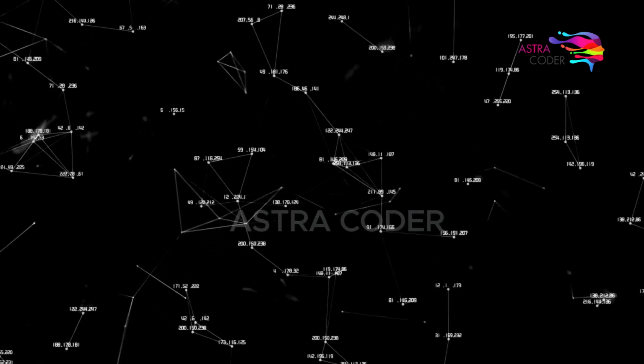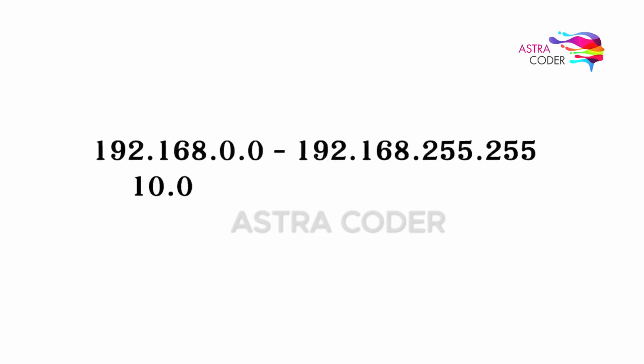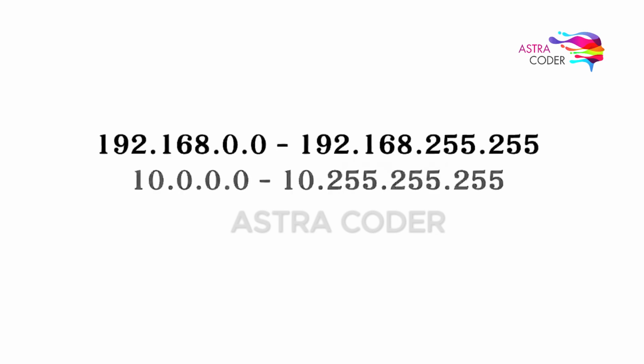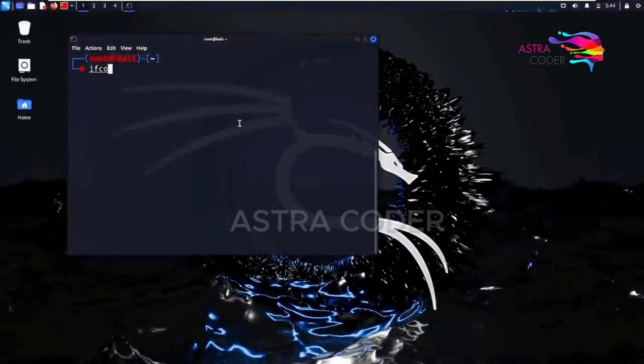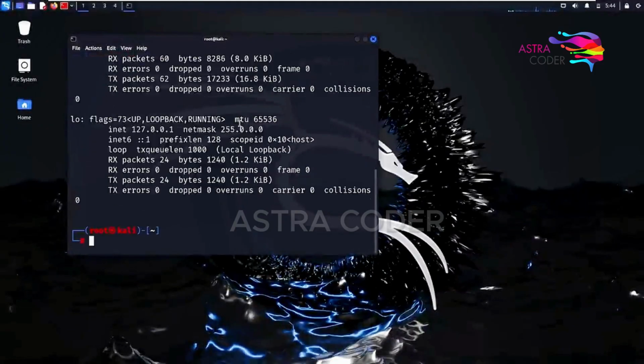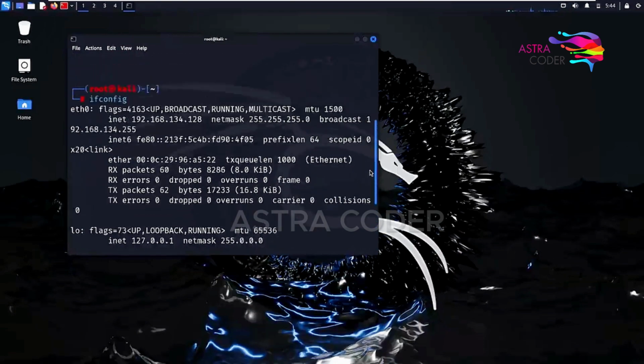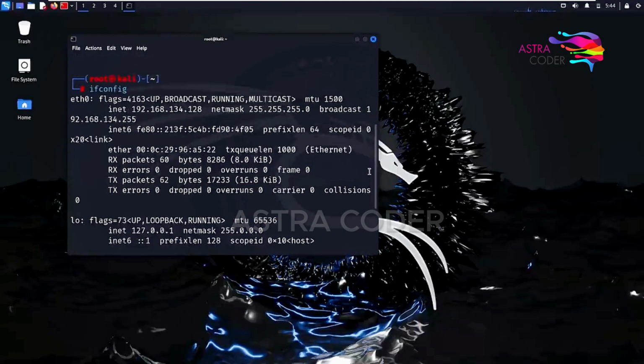These private addresses typically start with numbers like 192.168.10. or 172.16. You might have noticed these private IP addresses, such as 192.168 or 10., when checking your network configuration, for example using ifconfig on a Kali system. These addresses are only usable within your local area network and cannot be used to communicate over the internet directly.